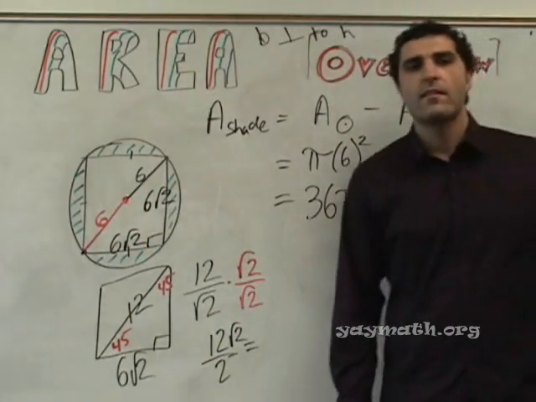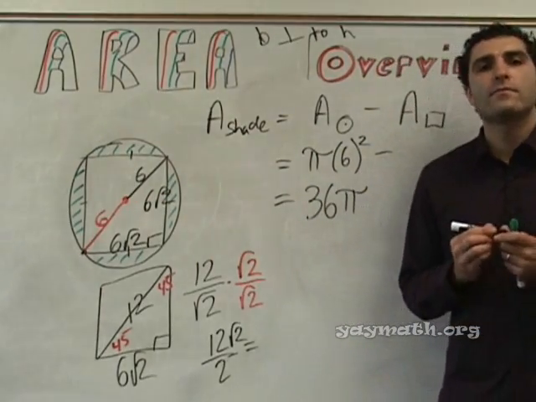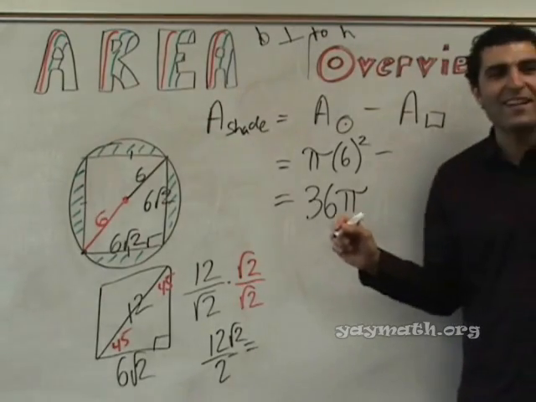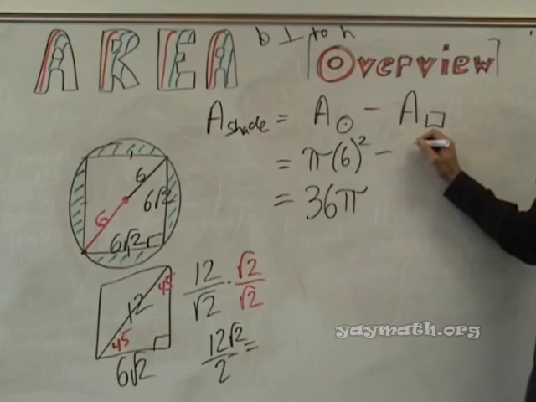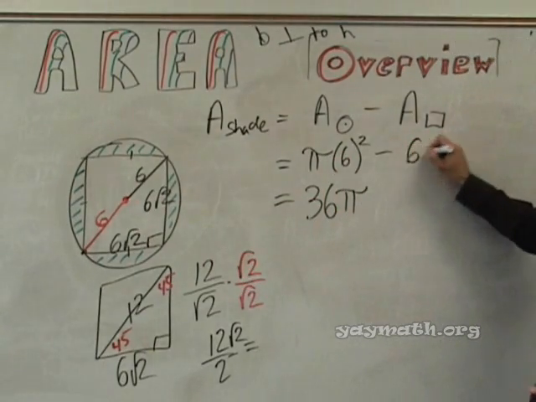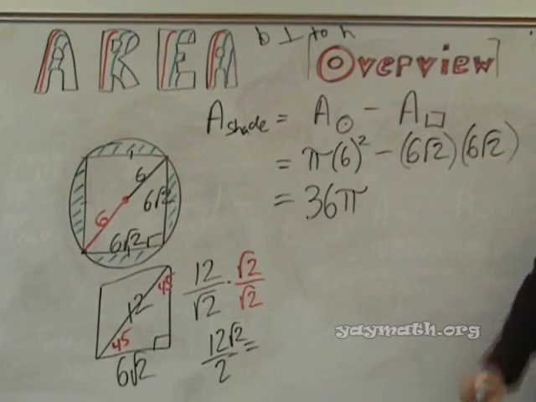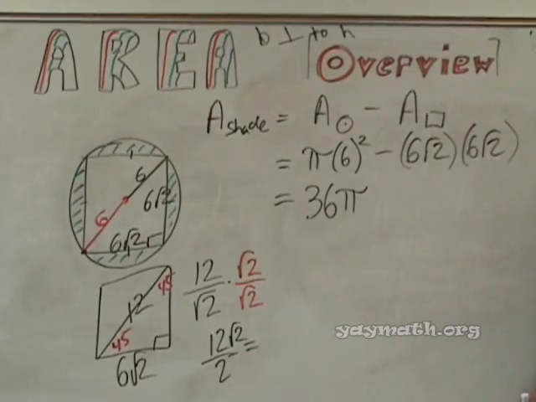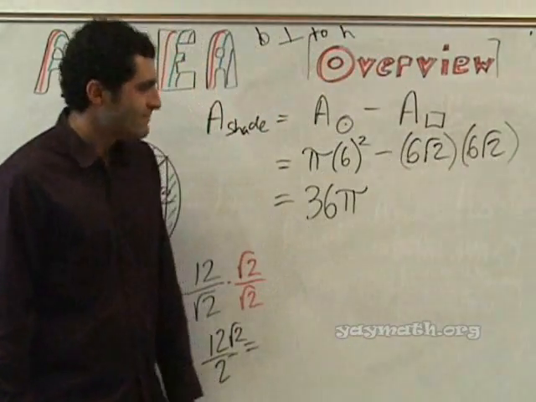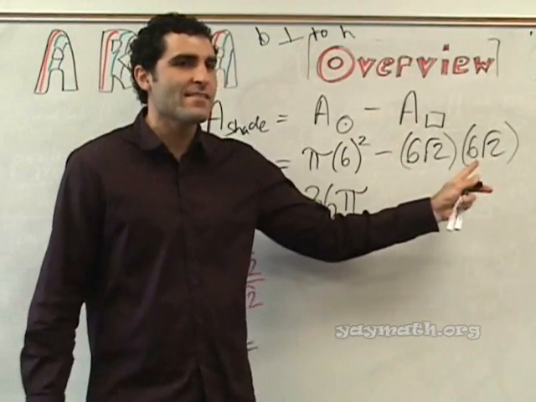Area of the square is base times height. So I'm going to write what times what am I multiplying? 6 root 2 times 6 root 2. 6 times 6 is 36.